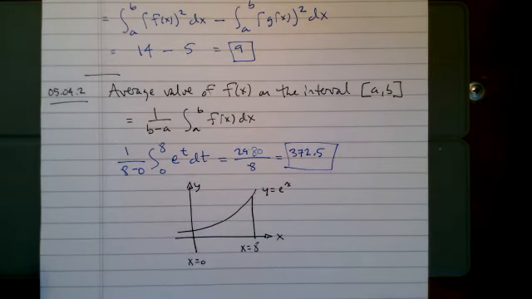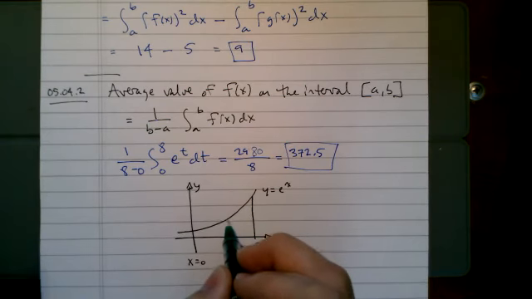The 2980 is the area under the curve. That's the sum of all the e to the x values between x equals 0 and x equals 8, the continuous sum. So the 372.5 is where we would draw a horizontal line.